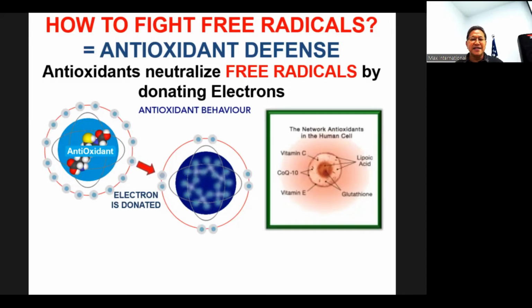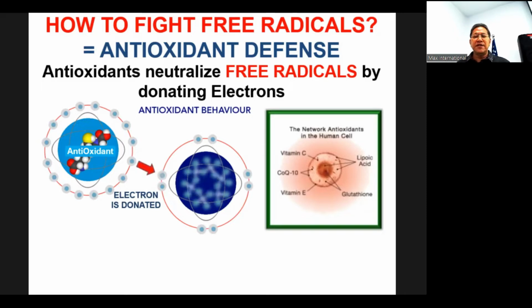The second thing is the body has a system of rescuing these antioxidants as they work. Inside the cell, there is a network of antioxidants; on your right, there are 5 antioxidants in this network, and these are the 5 compulsory antioxidants. You can have powerful antioxidants from maqui berry, goji berry, acai berry, etc., but they're not essential, right?